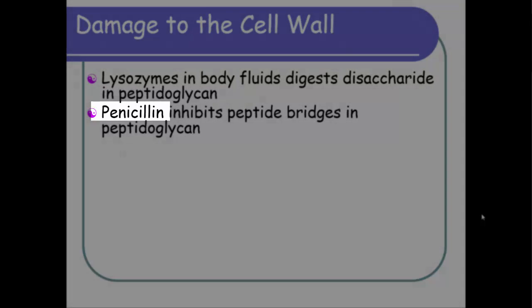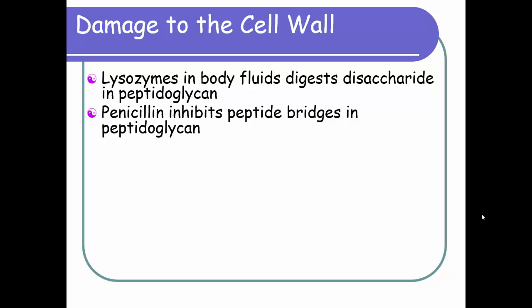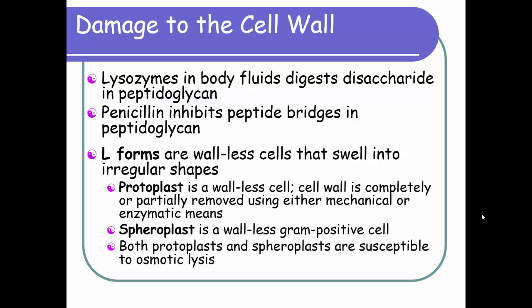Penicillin class drugs inhibit peptide bridges in the peptidoglycan layer, therefore punch holes in the cell wall, especially of gram-positives, and penicillin is very effective with gram-positives in general. When the cell wall is damaged for whatever reason, the cells begin to expand and form what we call L forms, which are wall-less cells that swell into irregular shapes because water is entering the cell.